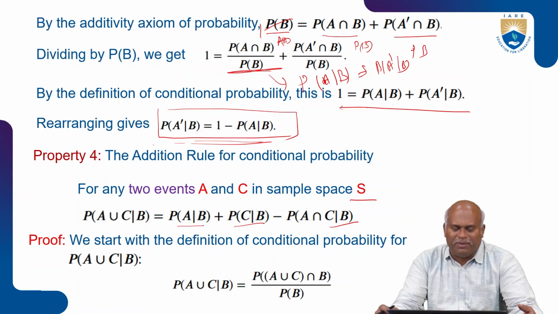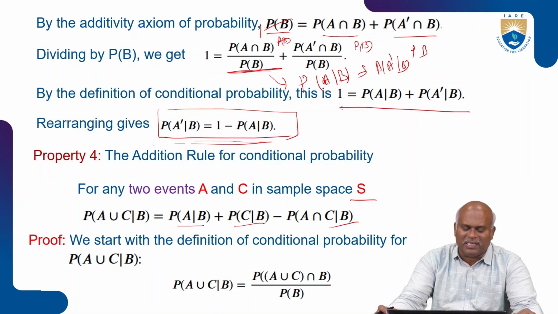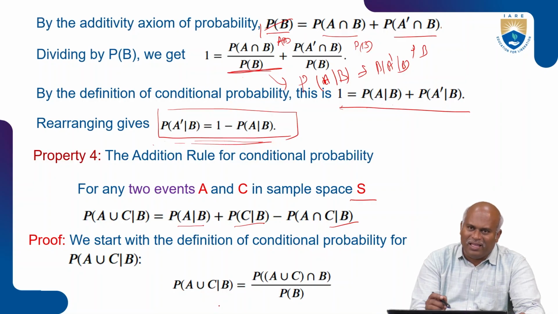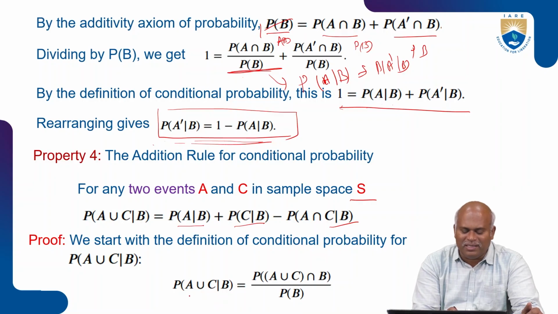Now we know P of A union C conditional on B is represented as a conditional probability equation.